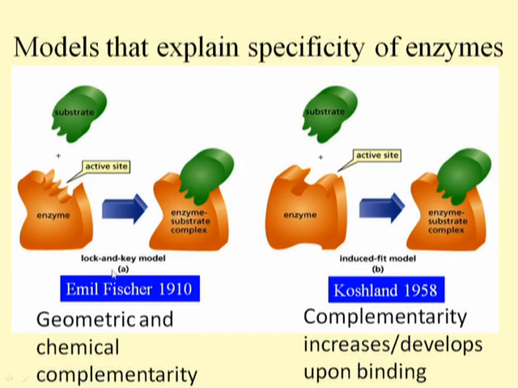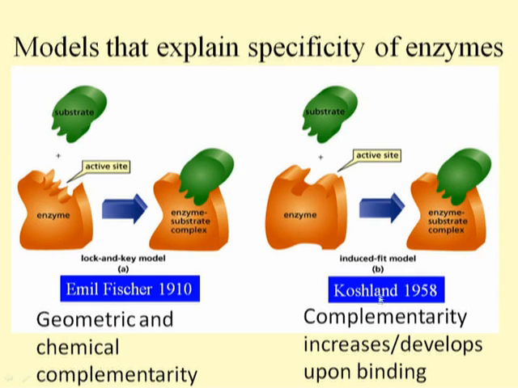The lock and key model was further modified by Koshland in 1958 to give what is known as the induced fit model. In the induced fit model, the free enzyme does not have a site which is exactly complementary to the substrate, but upon binding, the complementarity actually develops or increases, and the enzyme fits itself according to the substrate.